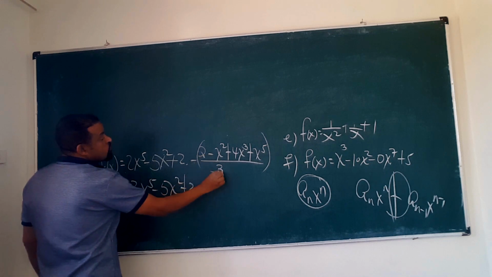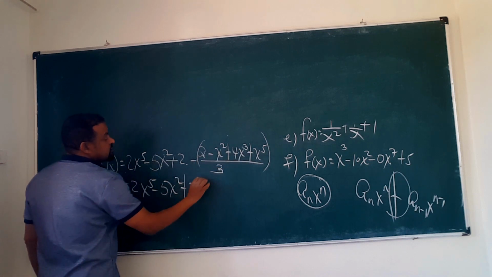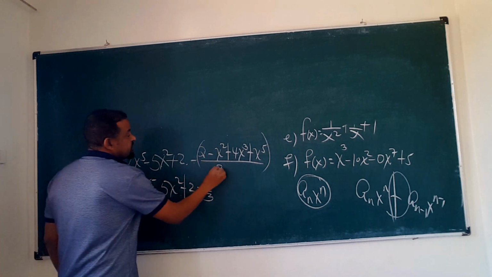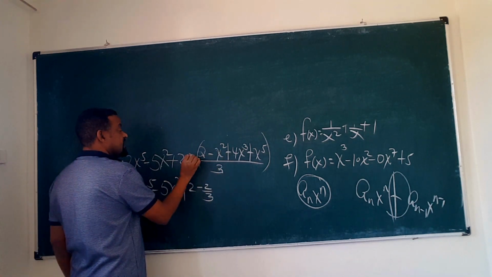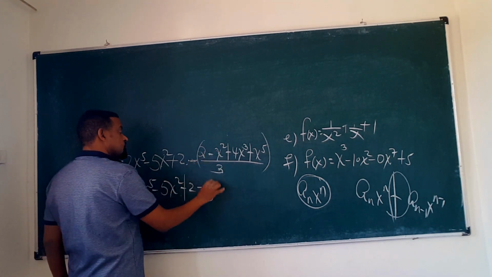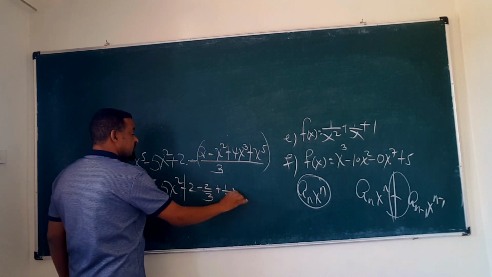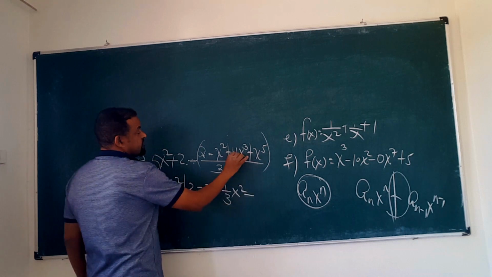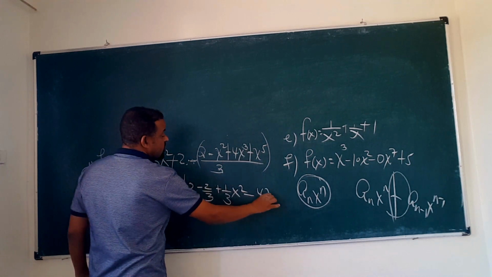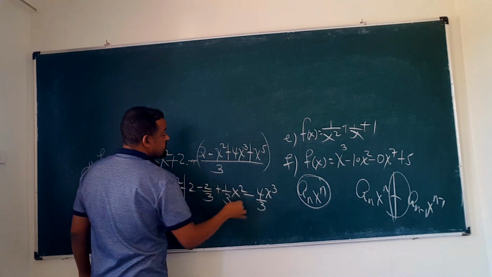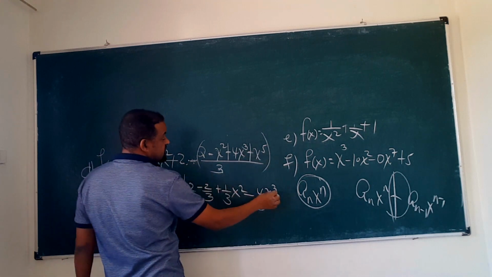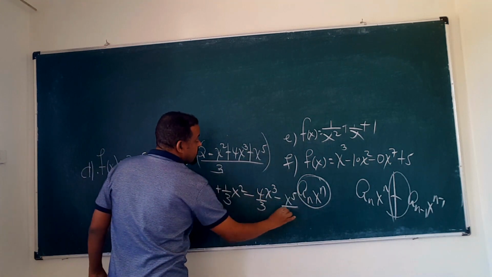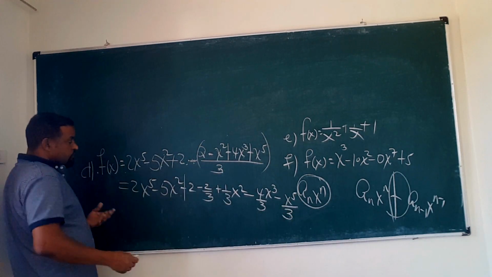This 3 applies to all of them, so 2 over 3 minus 2 over 3 of course. And here there is a negative, distributing it, negative times negative is positive, so positive 1 over 3 x squared, and negative times positive is negative 4x cubed over 3, and negative x to the power of 5 over 3. Now what do we do?